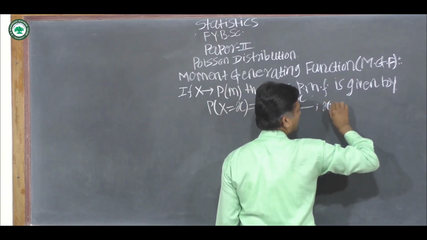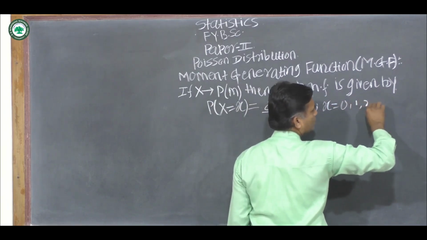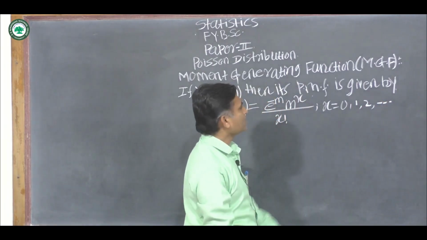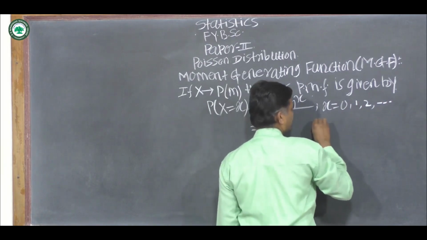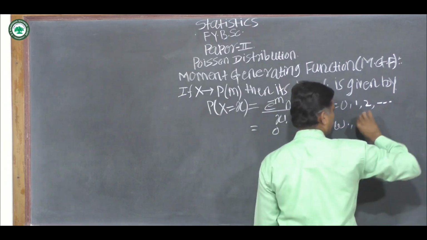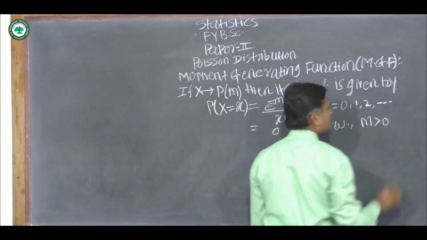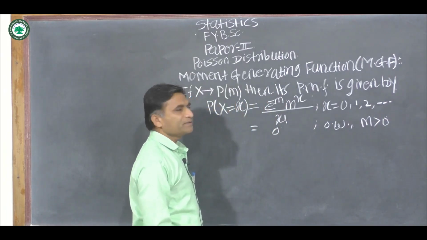Here x takes values 0, 1, 2, up to infinity, and 0 otherwise, and here m is greater than 0.